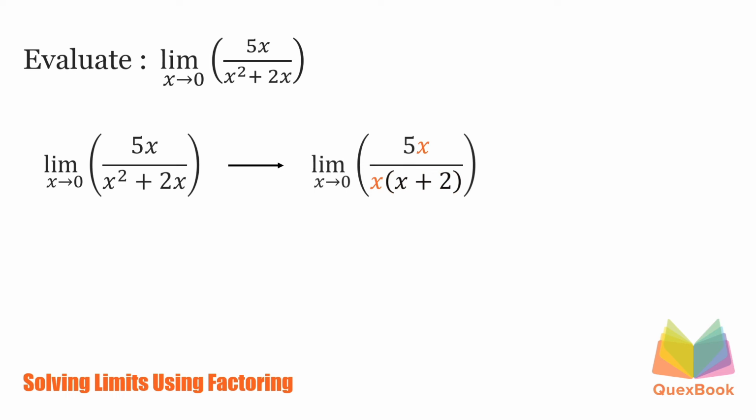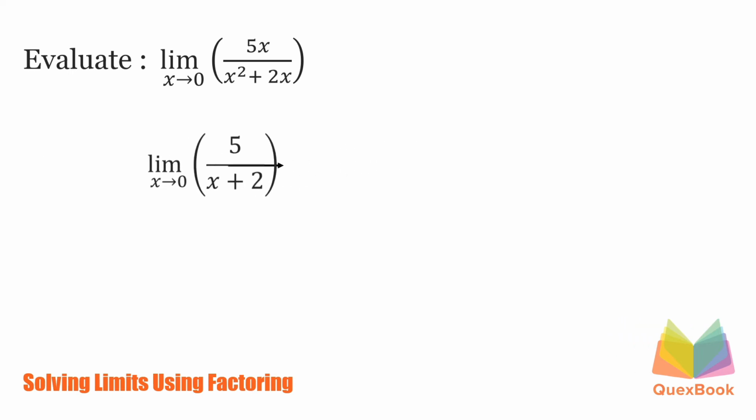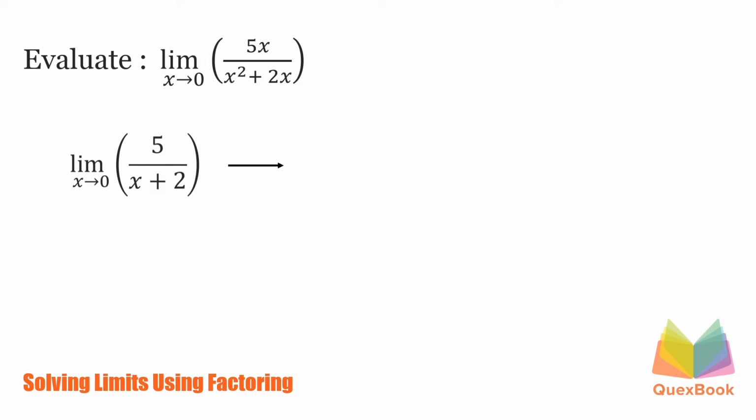Notice that we can cancel the x variable. So we'll be left with the limit of 5 over x plus 2. Now we can use direct substitution. Plug in 0 to the remaining function, we'll have 5 over 0 plus 2. 0 plus 2 is 2. Therefore, the limit of our function is 5 over 2.